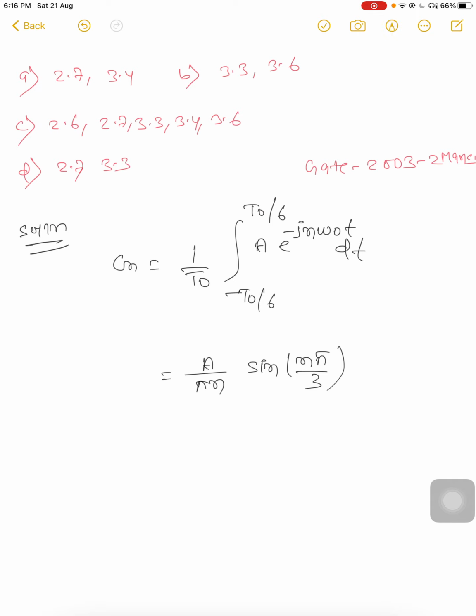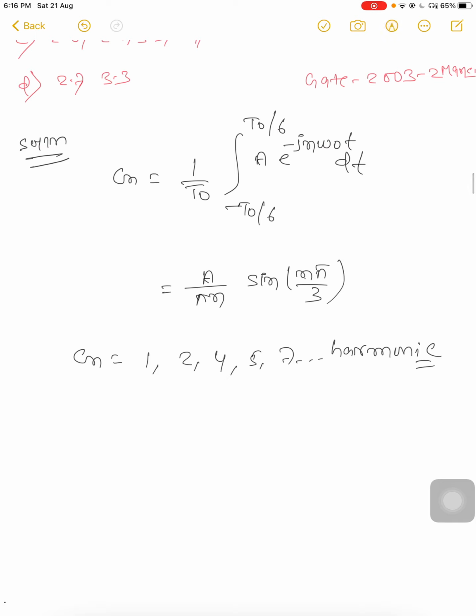So Cn is nonzero for harmonics 1, 2, 4. When you take 3, the sine of pi becomes 0, and 6 is also not possible, because sin 2 pi will be 0. 7 and so on are present.